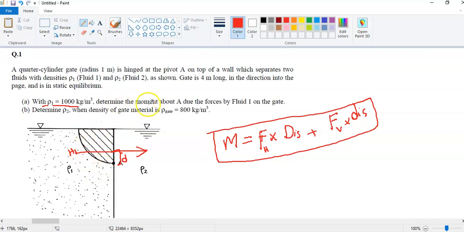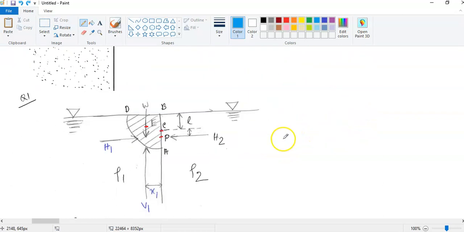So to get the moment about A, we need the horizontal force, the corresponding distance, the vertical force, and the corresponding distance. That is our final goal. We need the moment, and now I believe you're clear.